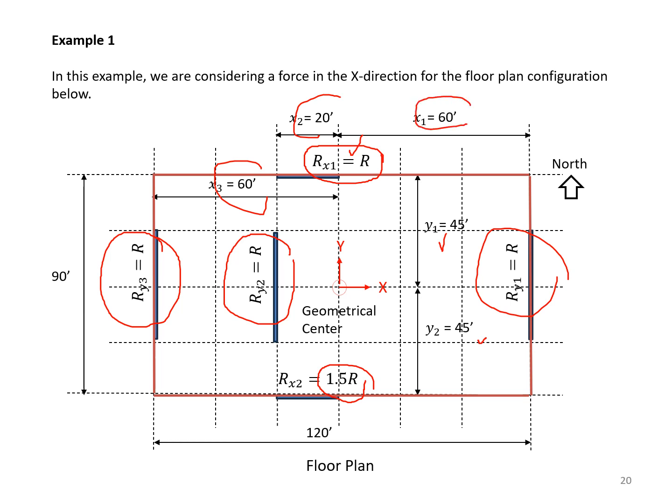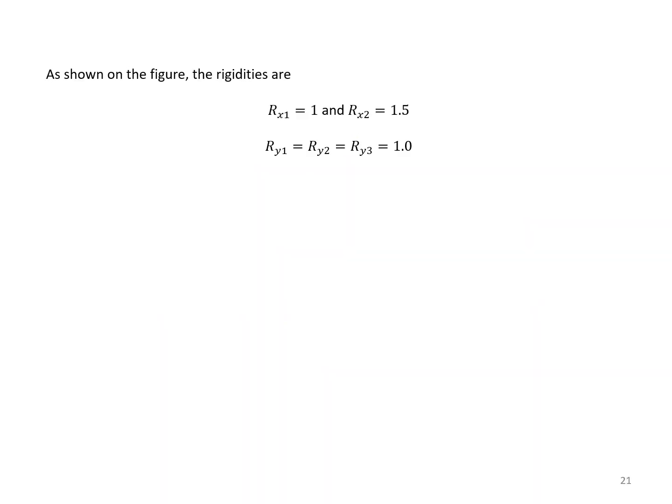All right, so now let's see how this problem is done. The total dimensions are 90 feet and 120 feet. We put the force in the x direction and figure out what would be the shear forces developed in the elements. So here is a summary of our rigidities.